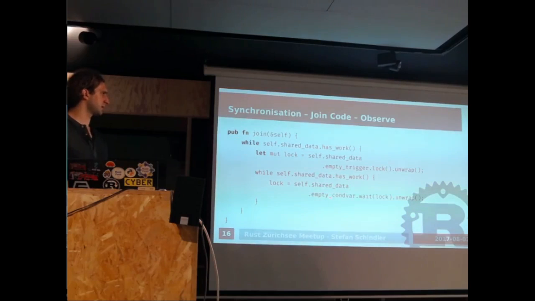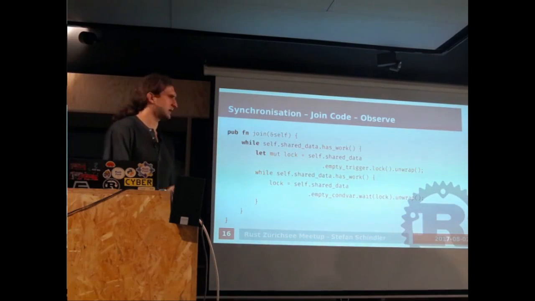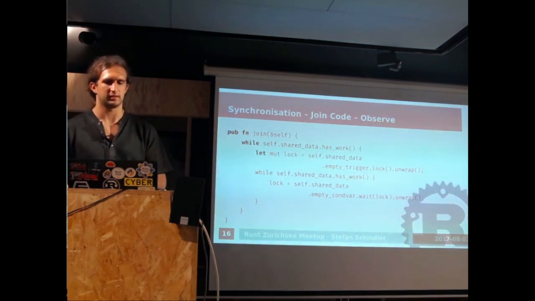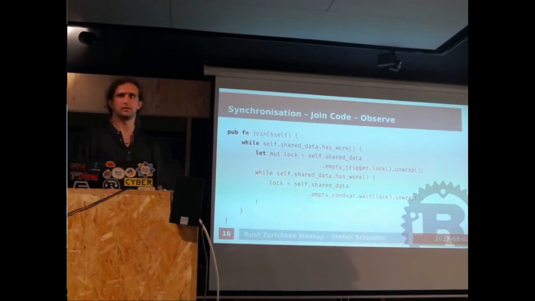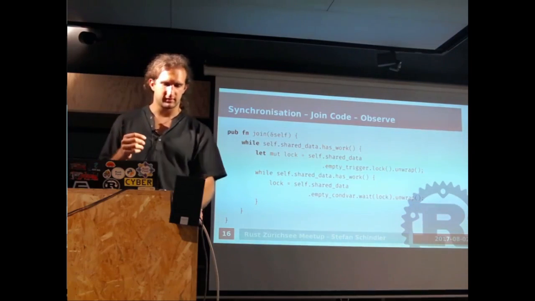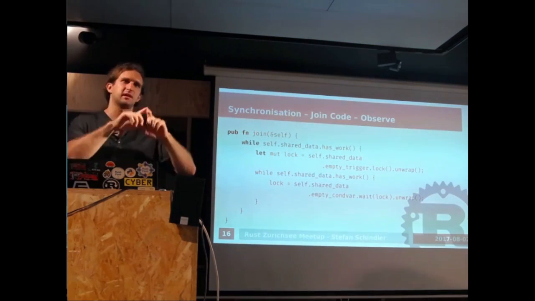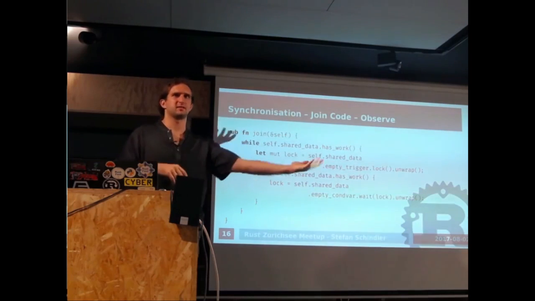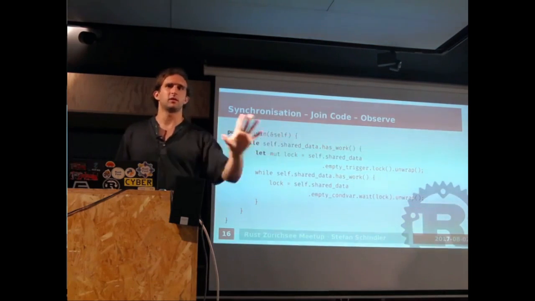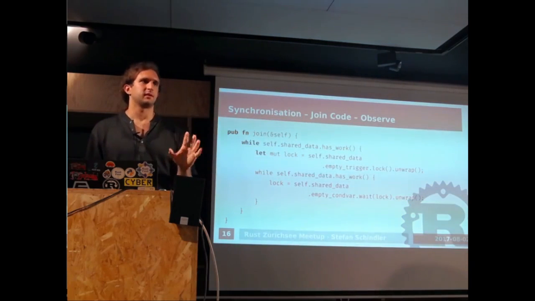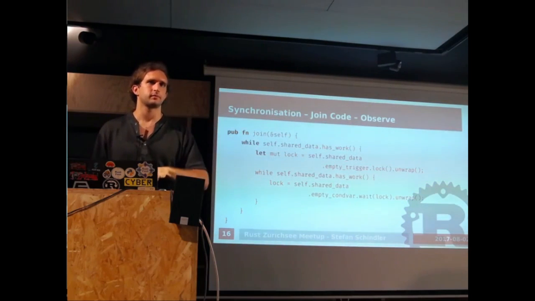And now we have the condition variable, which says you take in the lock, which is really important if you have seen Rust code. Usually you have an ampersand before you pass in stuff that you get out. But in this case, we actually want to give the lock away, because when we do that, the lock can be unlocked.